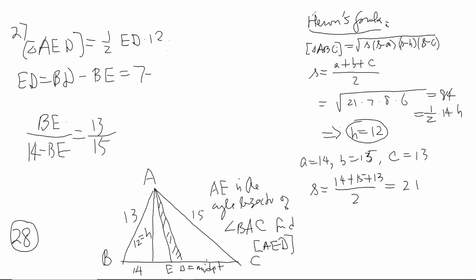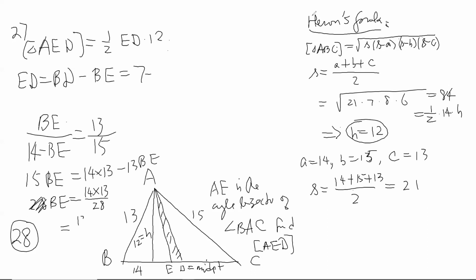Yeah. Okay, then you can solve for this. You get 15 BE equal to 14 times 13 minus 13 times BE. Agree? So you get 28 BE equal to 14 times 13.